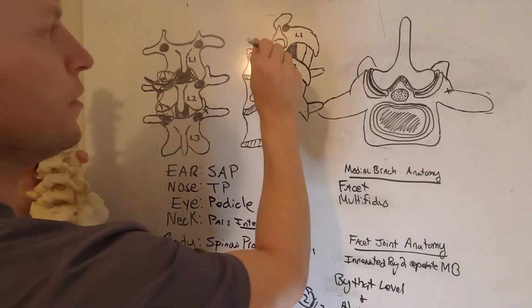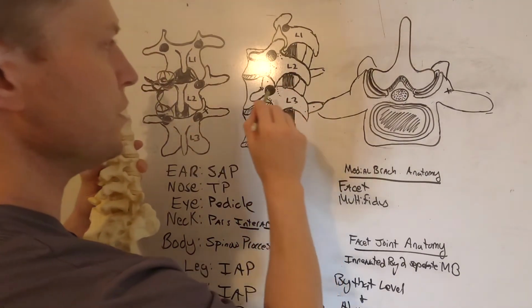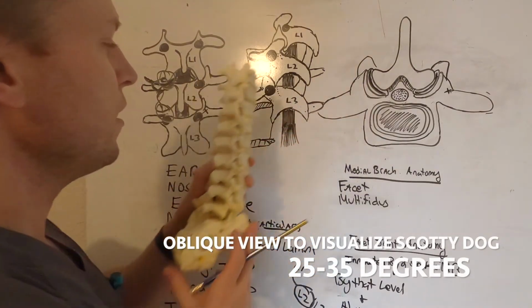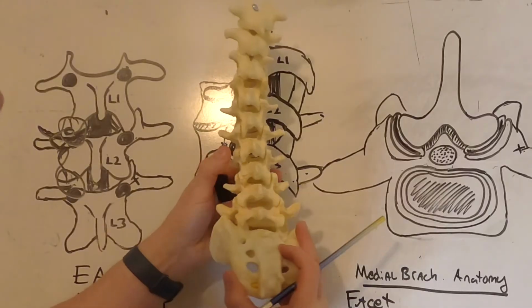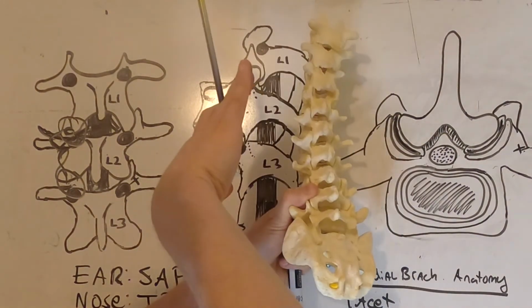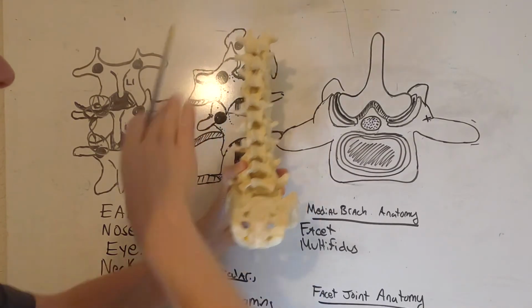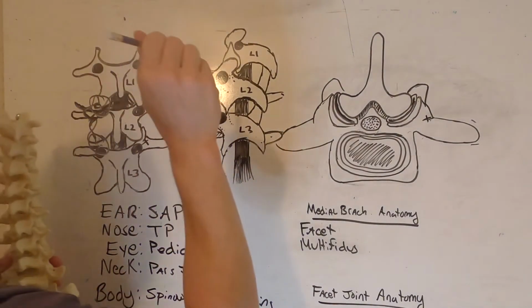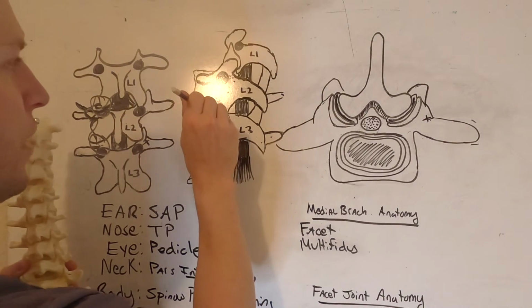On the oblique view, which is the Scotty Dog View, which is 30 degrees of oblique tilt of the C-arm. So instead of having the patient turn to their side to get this view, we just turn the C-arm while the patient stays still. So aiming the needle right here would be the same as aiming the needle right here.